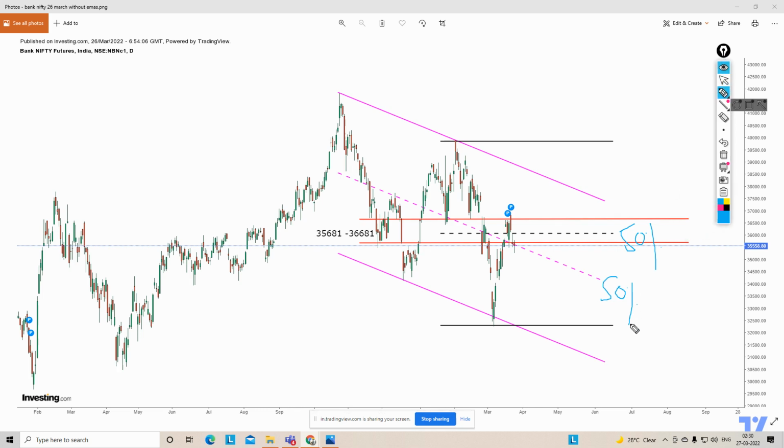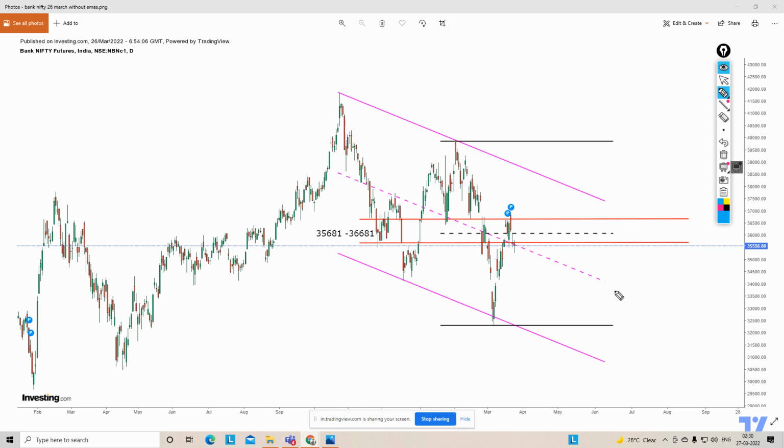So what is the use of this 50% channel? The reason behind showing this 50% is that on Friday when the Bank Nifty closed, it closed below the 50% of both the trends.